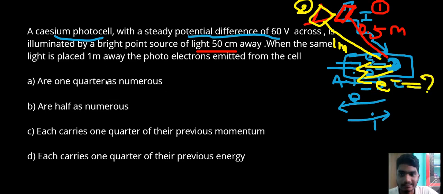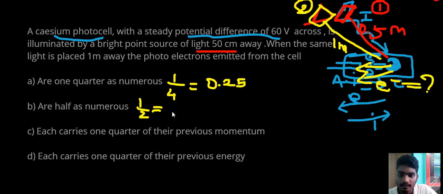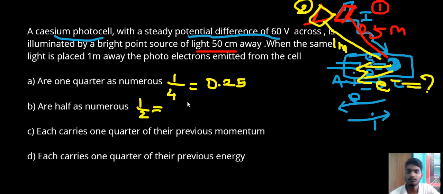This is the question actually. 1/4 as numerous. 1/4 means 1 divided by 4, which is 0.25. And half as numerous, so half is equal to 0.5.